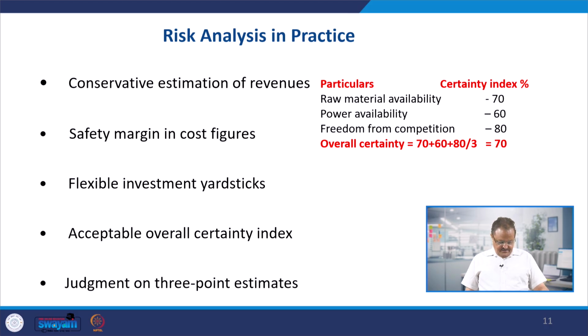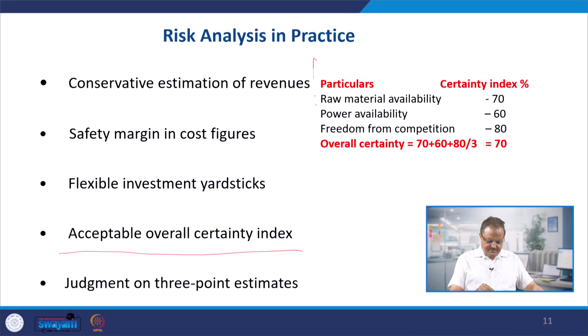And sometimes they develop an index which is called the overall certainty index, and sometimes they go for 3-point based judgmental estimates also. So 3-point estimates are developing 3 scenarios: most expected, optimistic and pessimistic. So the expected scenario, the pessimistic scenario, and the optimistic scenario, and finally they take the call on the basis of these 3 points.